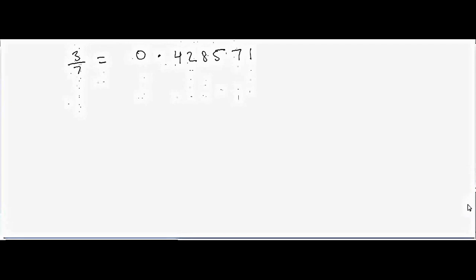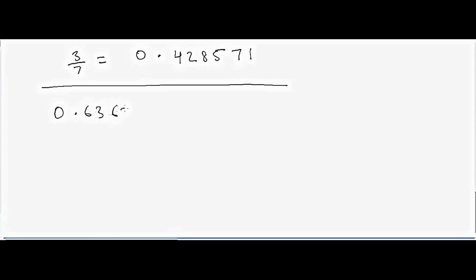And finally, there is one more trick, and that trick is also about dividing. For example, let's say we have the number 0.636363, which is a repeating decimal, and we want to convert it into a fraction.